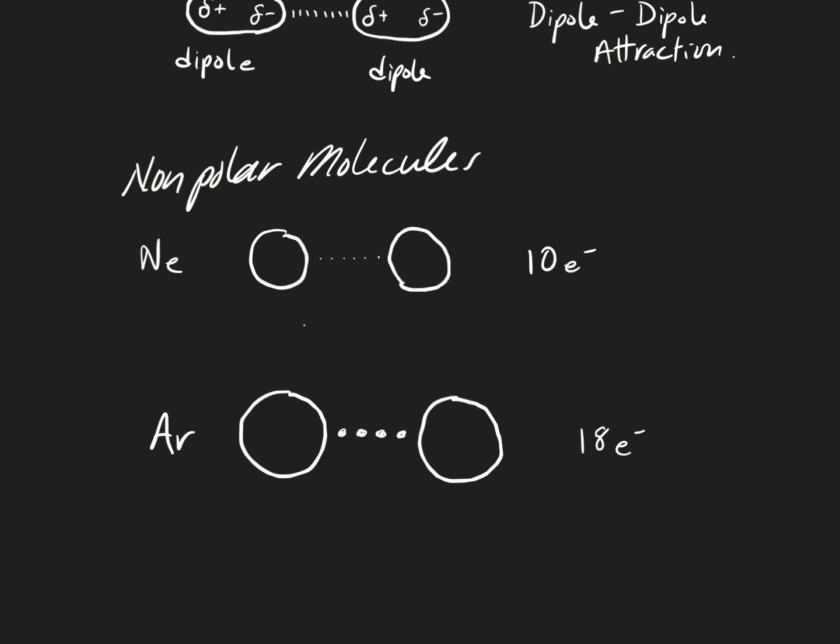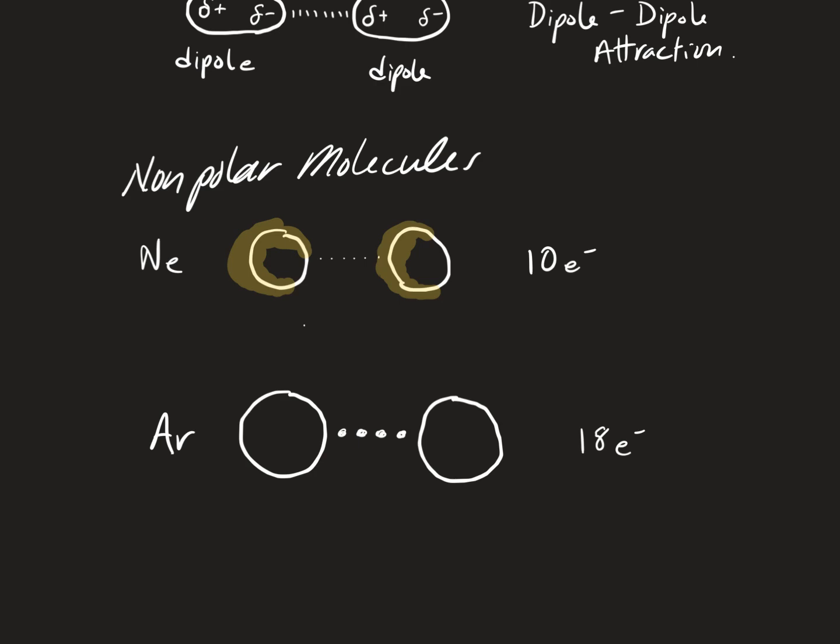Okay, and now remember, I want you to get that these are instantaneous moments. Boom. It's here and it's gone. I'm gonna highlight here, maybe in yellow, the movement of electrons around this neon, and at one point I'm going to make the neon electron cloud heavier on one side, just instantaneously.